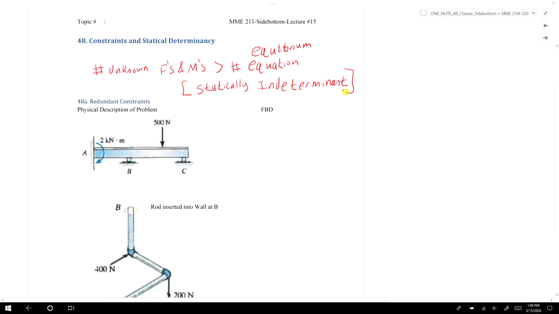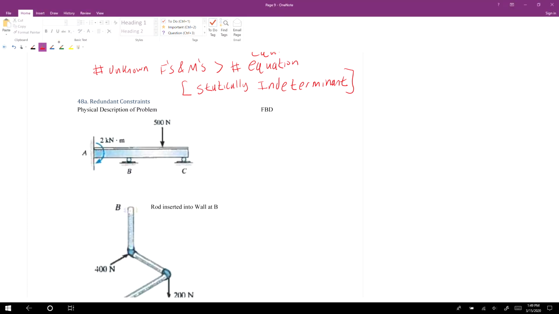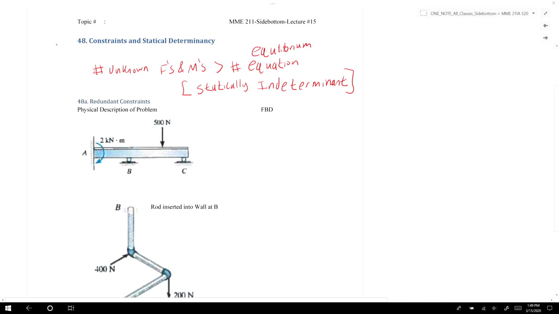So I'm going to give some examples of statically indeterminate cases. For this first example, on the left-hand side, we have a beam that's attached at point A by a fixed connection.